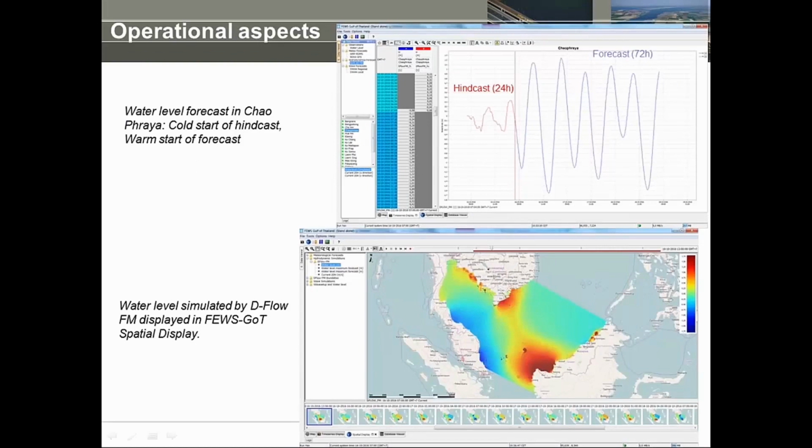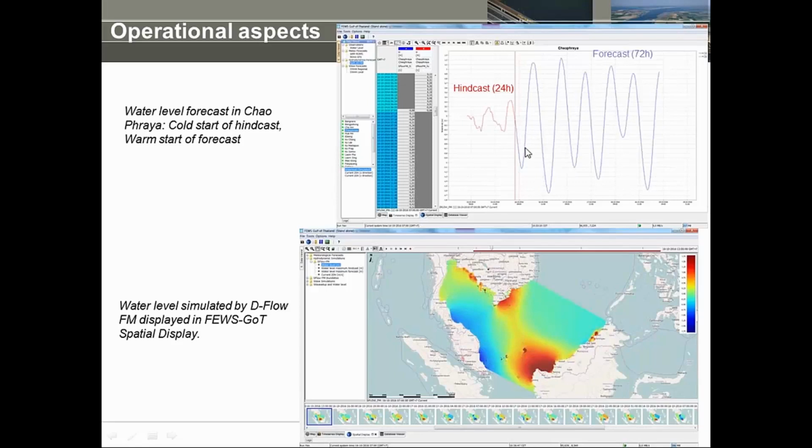For the state handling part, on the top of the figure you can see the model first simulates a hindcast for the last 24 hours, and then starts a forecast for the next 72 hours.